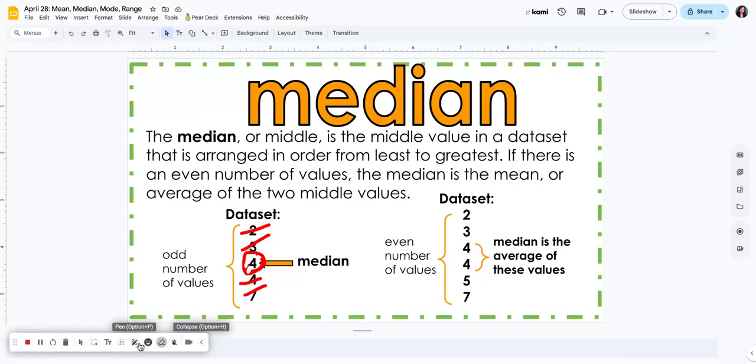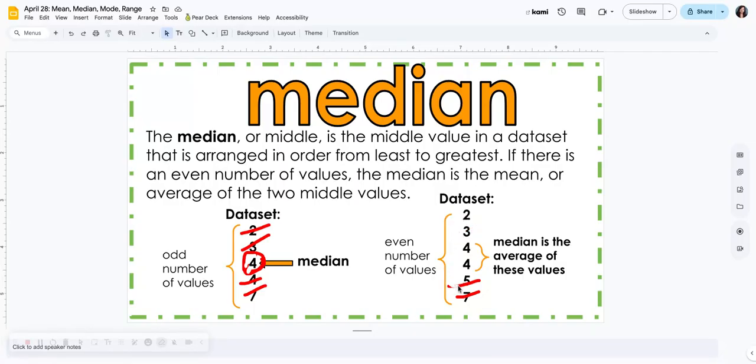But whenever you don't have an odd number of values, it's hard because you take 1 from the top, 1 from the bottom, and you end up with 2 middle numbers. So in order to not get that problem, you must add up both middle numbers.